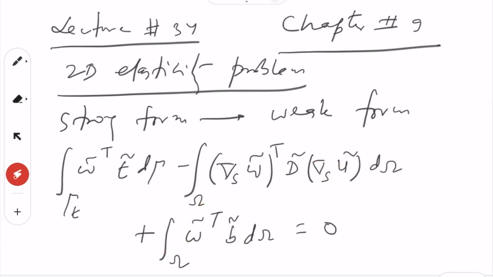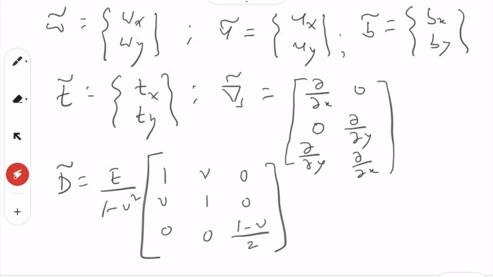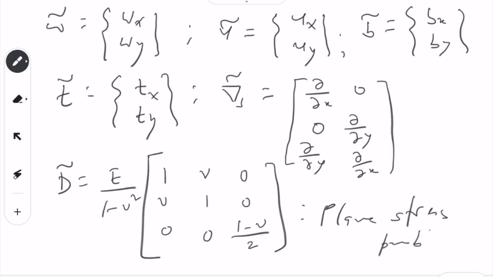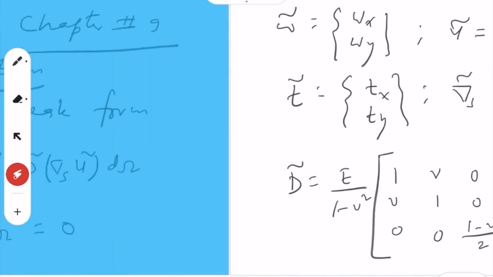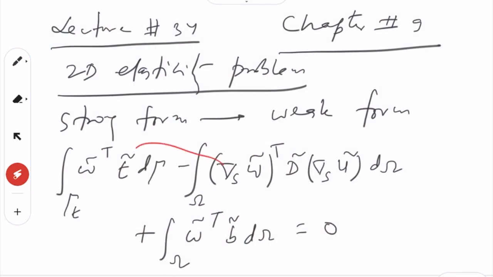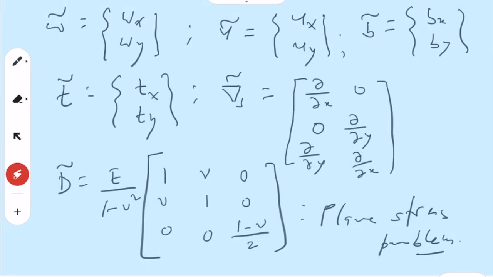Everything is given here. Of course, this is for a plane stress problem. This is a material property, it depends on the material, and given this weak form, we can now find the solution.